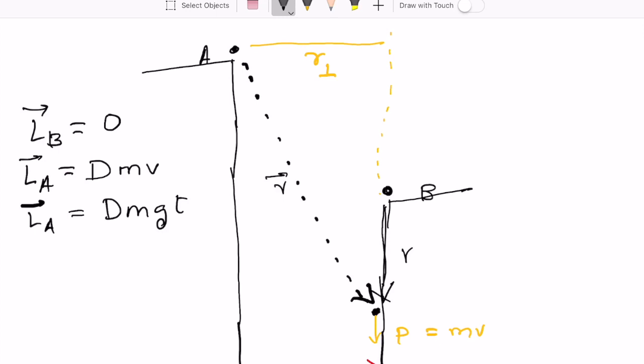So what is the torque of mg relative to the point A? Again, you would just draw a line through the mg vector, and it would look very similar to what we have with the p vector, right? And then the lever arm would just be d. So the torque as measured by A is just going to be the force, which is mg. So all I'm doing is force times lever arm.